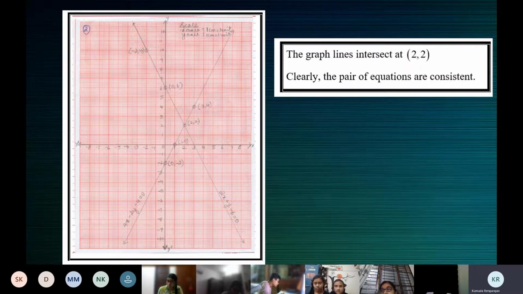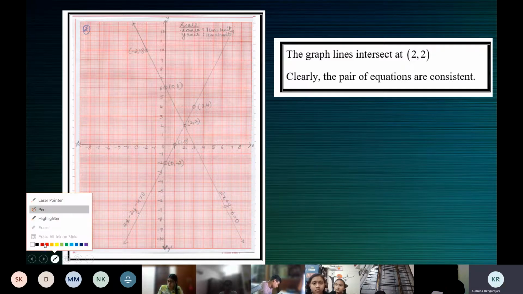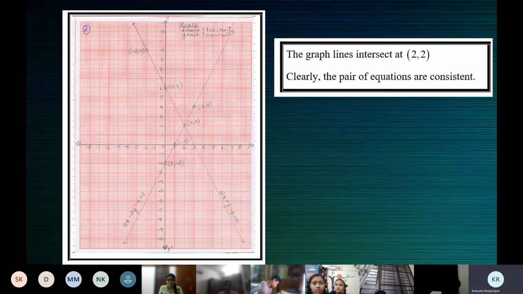I just saw that the lines, of those who shared your answers with me on WhatsApp, pass through 2, 2. What I just checked was if your lines intersect at 2, 2, and if they're intersecting the x-axis and y-axis at the correct places. But what are the other requirements of a graph? Scale, very important. I didn't check on all that.